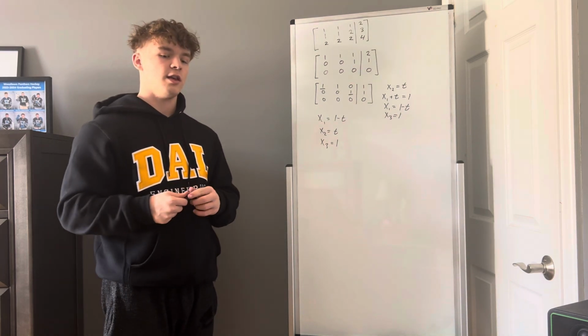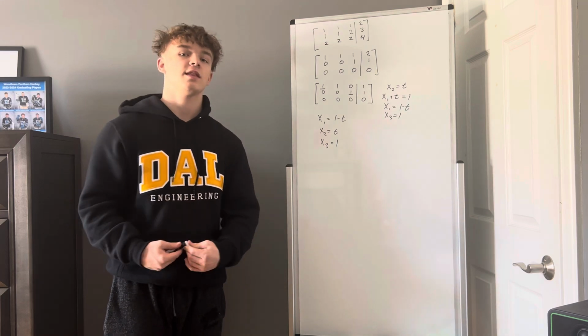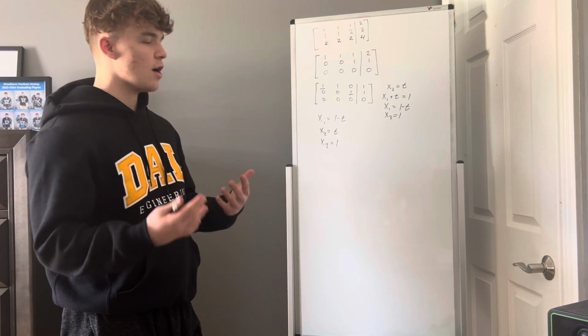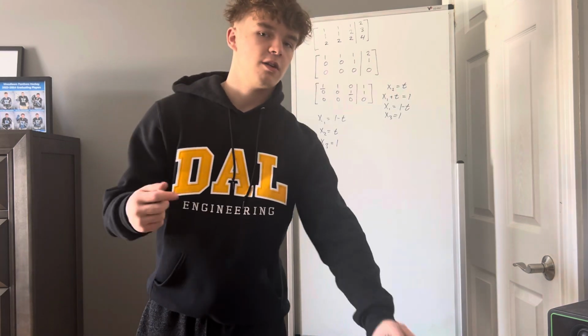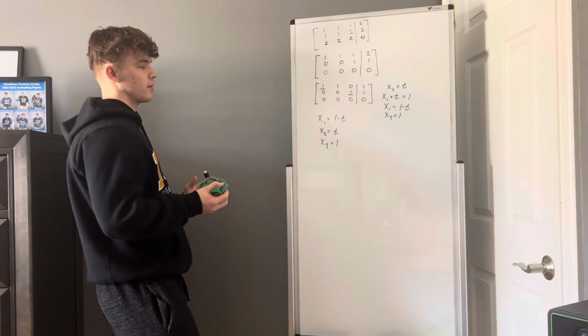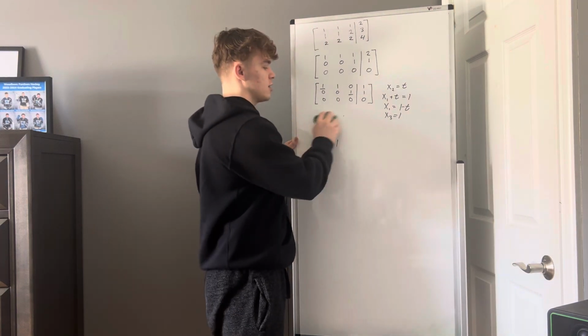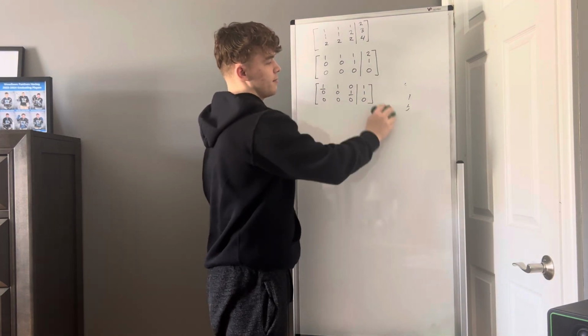So that brings me to the last point of this video, that there can be multiple outcomes of Gauss-Jordan elimination. So let's take a look at them. I'm going to erase our solution because we've already gone over this problem.